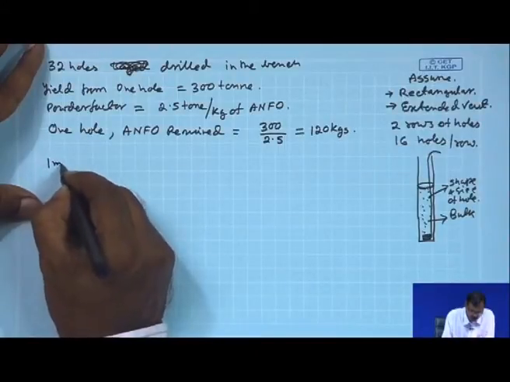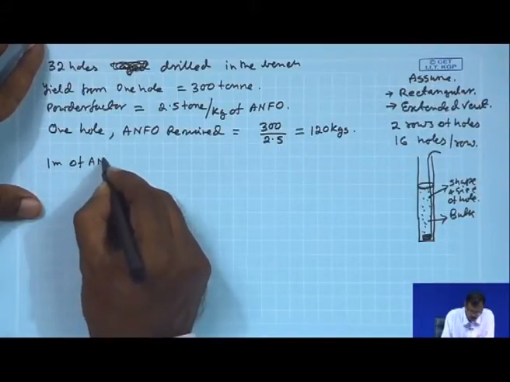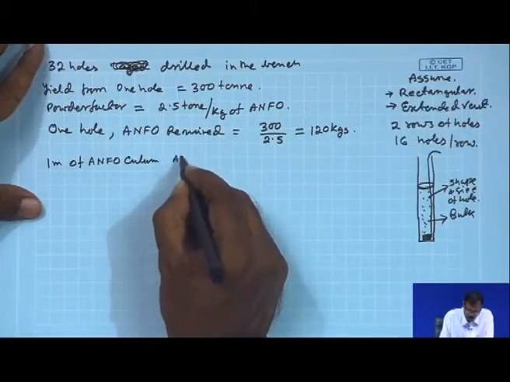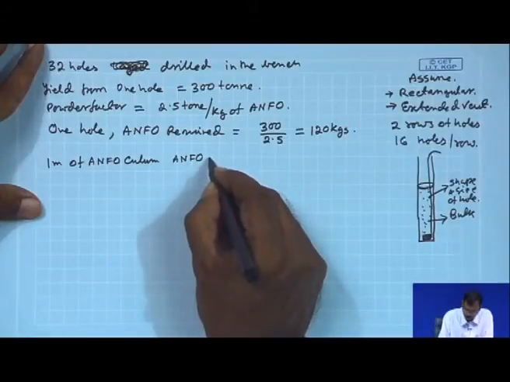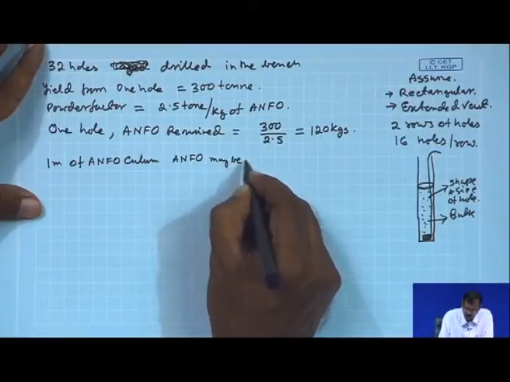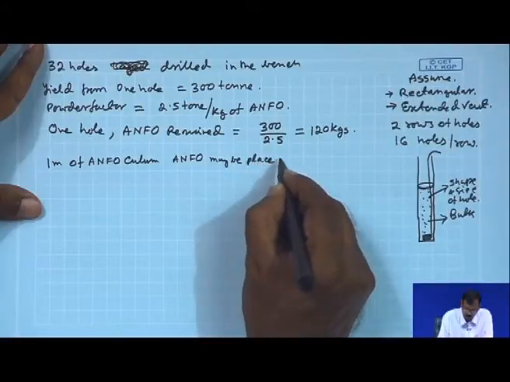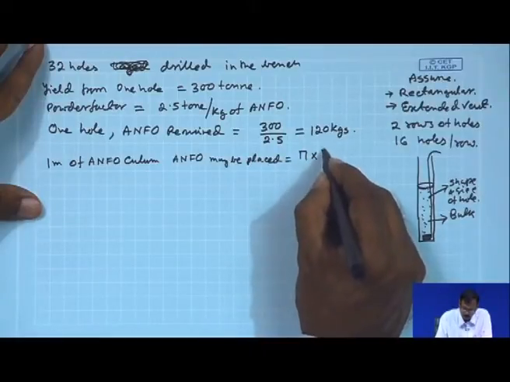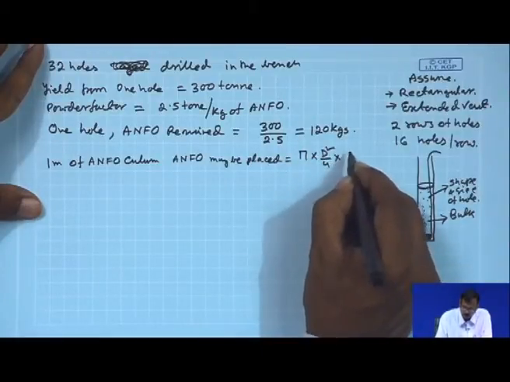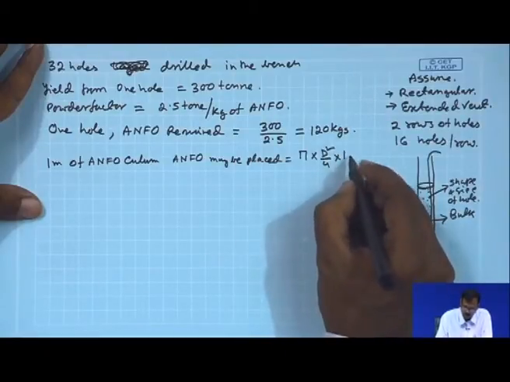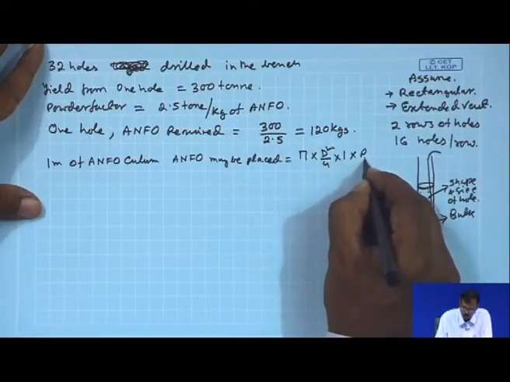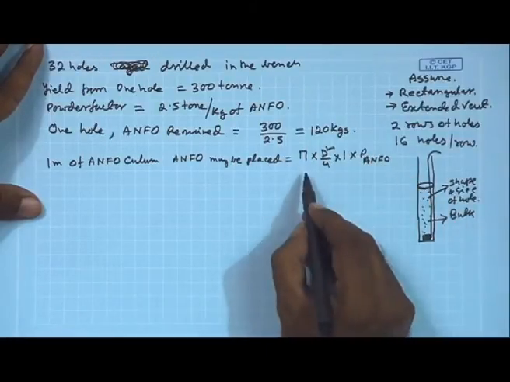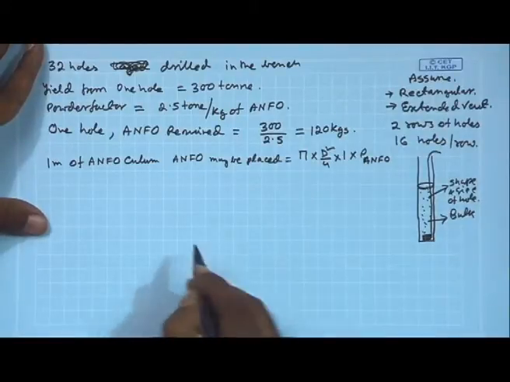So, in 1 meter of ANFO column, ANFO placed is equal to pi d square by 4 into 1 meter length into rho of ANFO. So, that will be the quantity of ANFO.